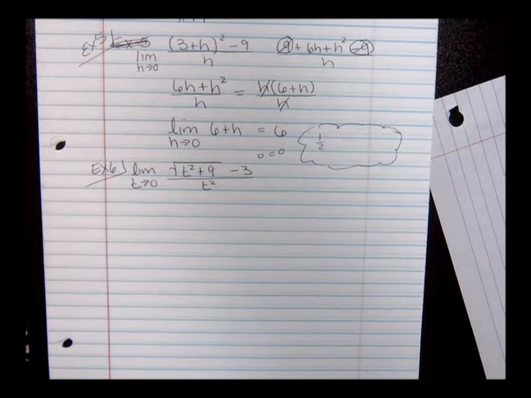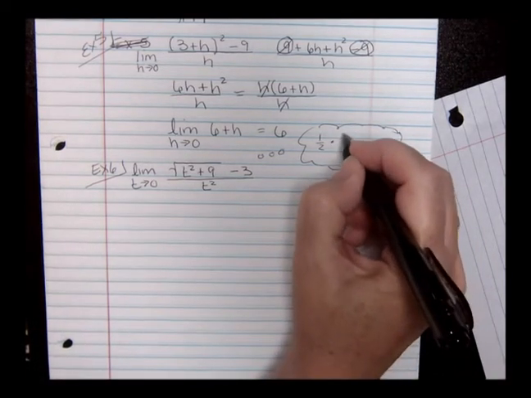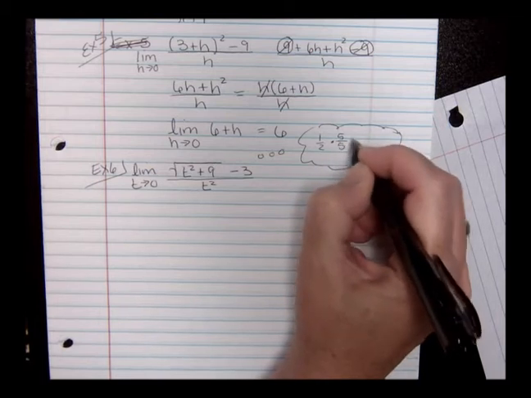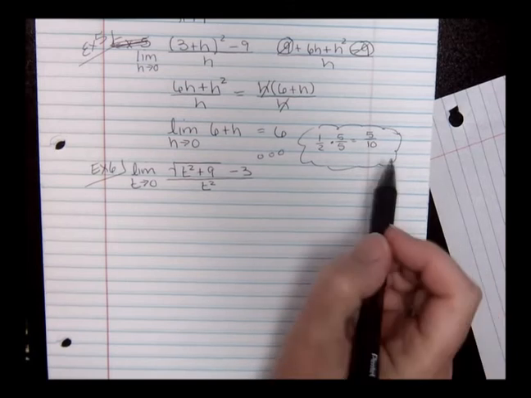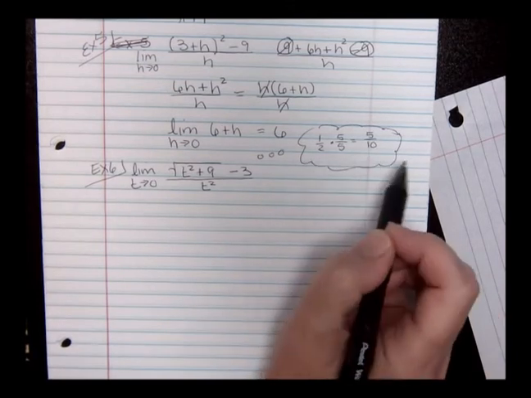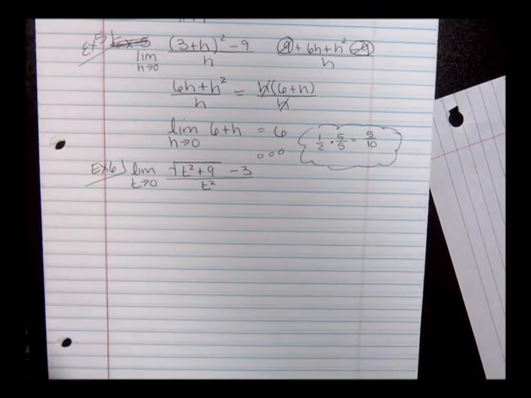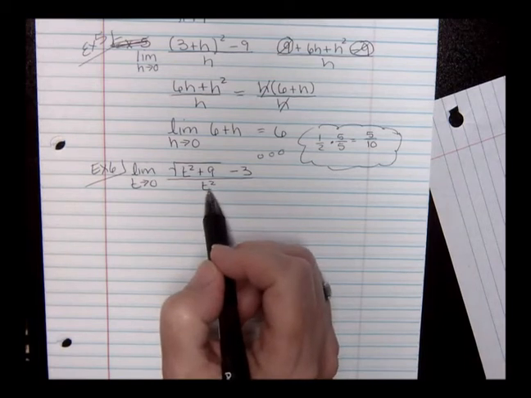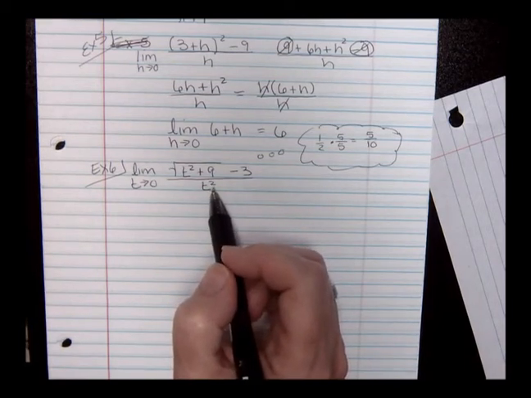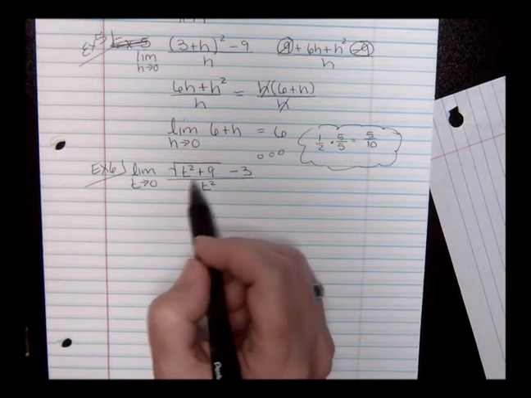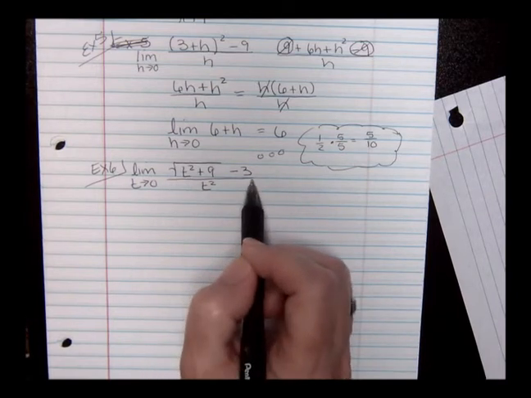So let's say I just decide I want to multiply it by 5 over 5. I get 5/10. Well, this is still the same value as this, but it looks different. Same kind of concept here. I can multiply this by a value of 1 so that I can maybe simplify it a little better. And I see that I have something minus 3 up here.